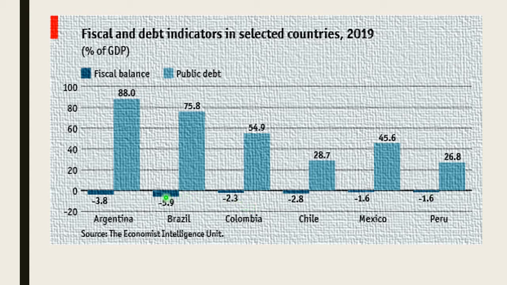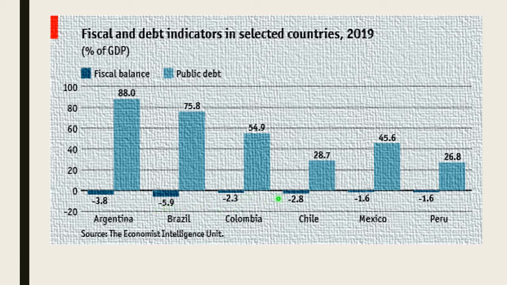But in Brazil, the public debt is 75.8 and the fiscal balance is minus 5.9. That means Brazil has a larger deficit in fiscal balance than Argentina.